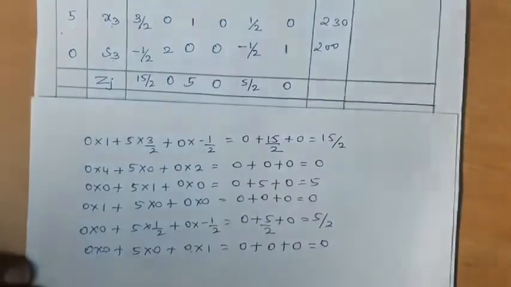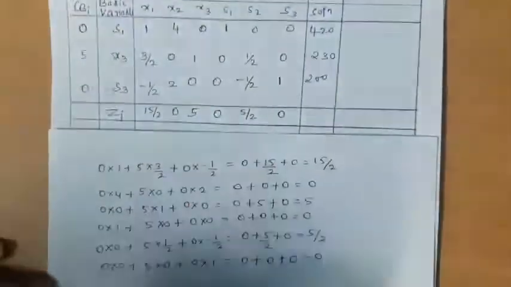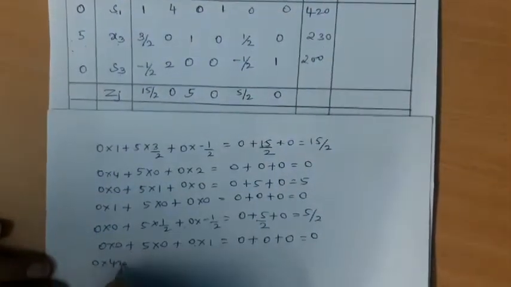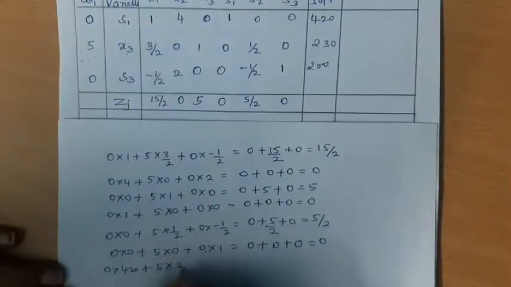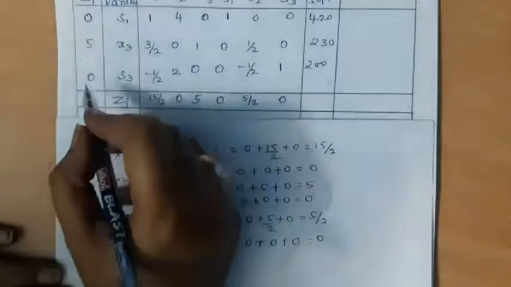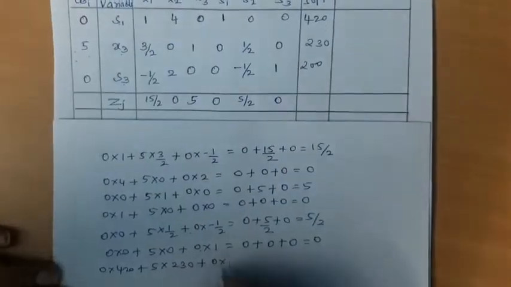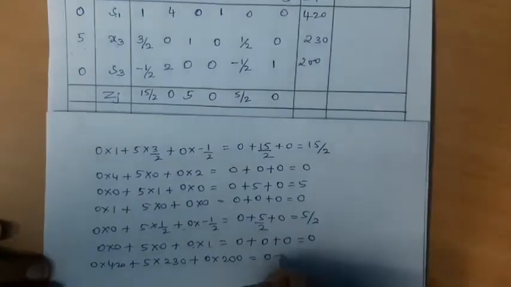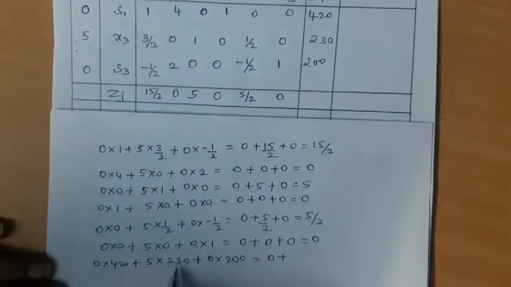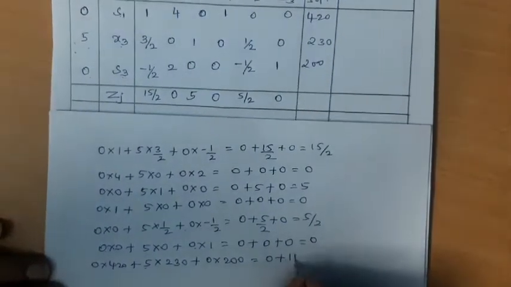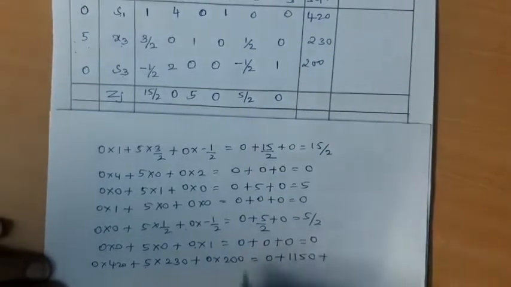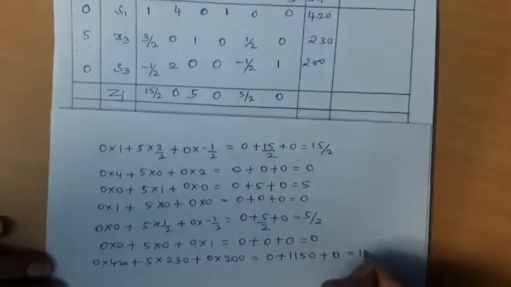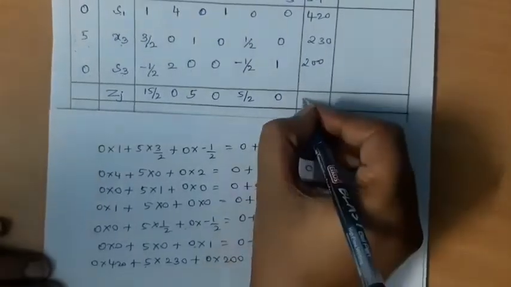So assign here 0. Next, 0 into 420 plus 5 into 230 plus 0 into 200. So that is equal to 0 into 420 is 0, plus 5 into 230, that is 1150, plus 0 into 200, 0. So that is equal to 1150. So write down here 1150.